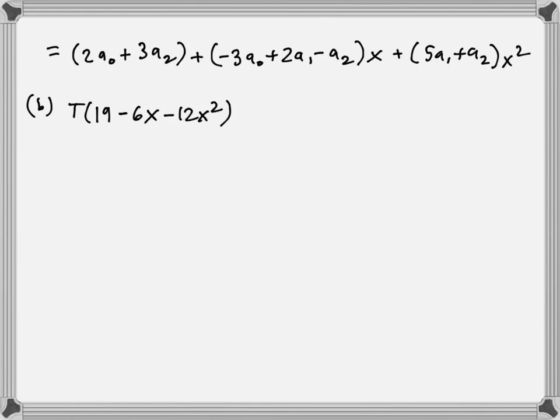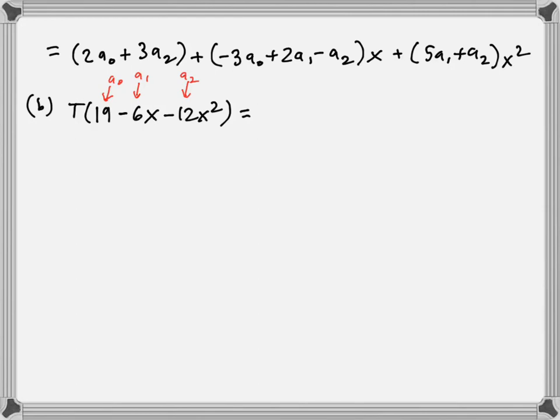But look, guys, this is just a0, the negative 6 is a1, and the negative 12 is a2. So I could just use the formula that I just figured out for the last part. We actually just plug it into the formula that we just got.